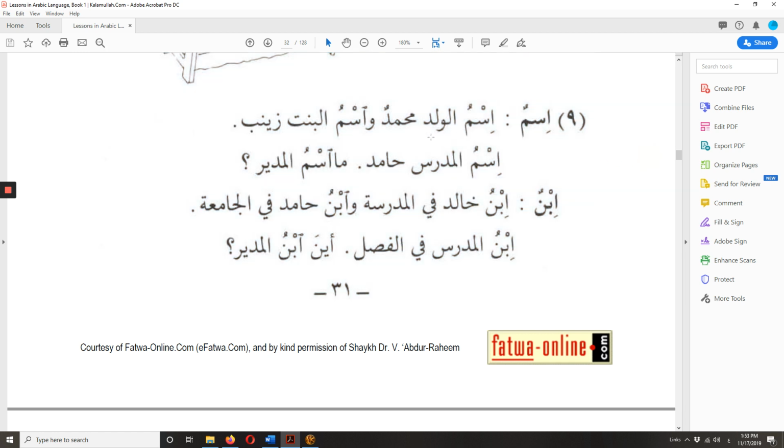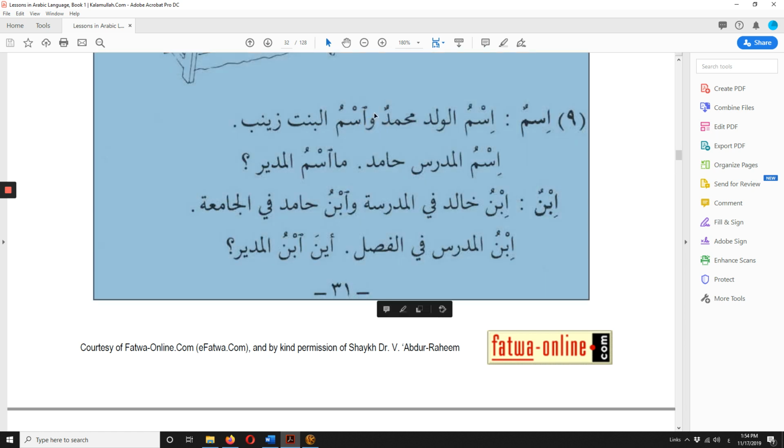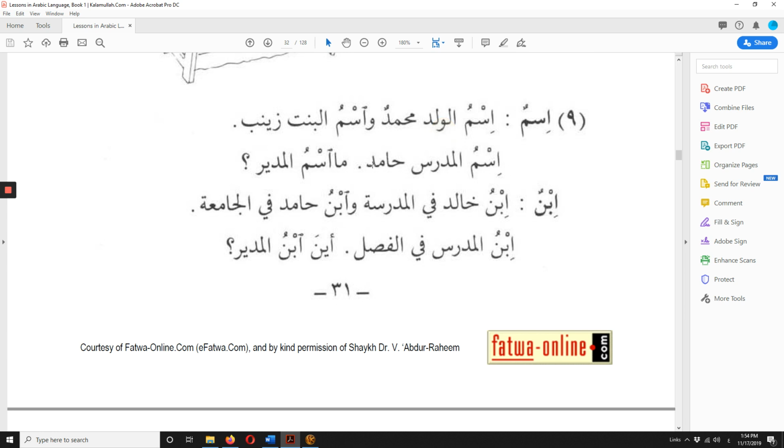So ismu waladu, or ismul waladi, Muhammadun, wasmu. See this little symbol right here? See that symbol? That symbol means that the hamza or that alif is being glossed over. It's not being pronounced. So the wa already has a fatha on top. It's just not shown. So wasmu, not wa ismu, but wasmu binti Zainabun. Ismul mudarrisi Hamadun, masmul mudiri.